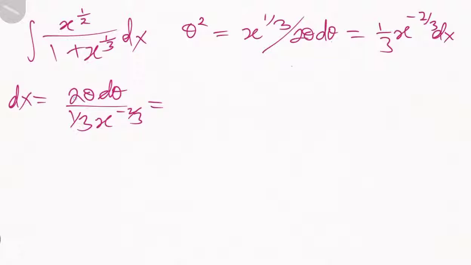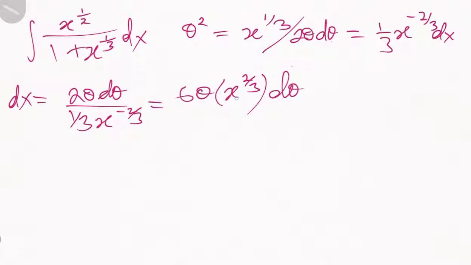Let's simplify this. Of course, this is the same thing as saying 2 times 3, which is just 6. Then we have theta. Of course, x raised to the power of minus 1 over 3. If we bring it up, we just have x raised to the power 2 over 3. So we have d theta.